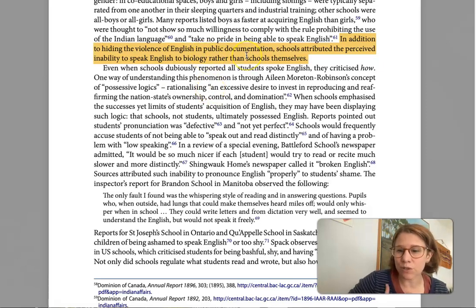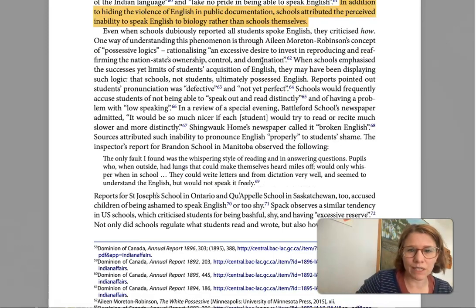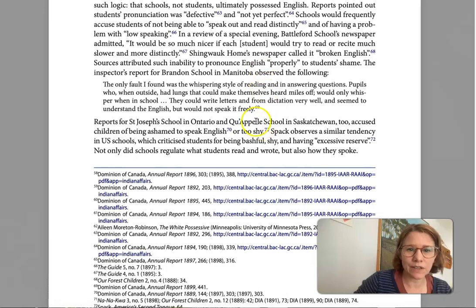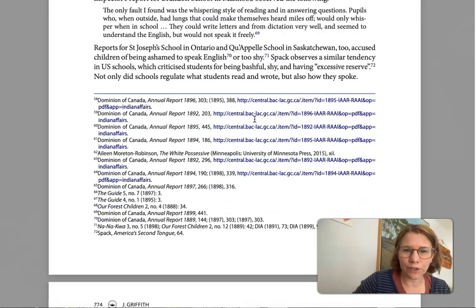So some of those students didn't want to lose their connection, their traditions and culture, and also their language and ability to speak with their families and friends in their communities. So they wanted to preserve that, but maybe they also were learning English at the same time, but they weren't allowed to maintain or speak their home language freely.